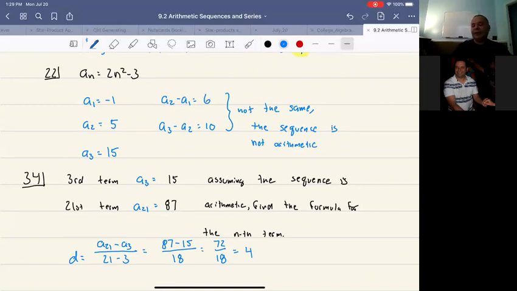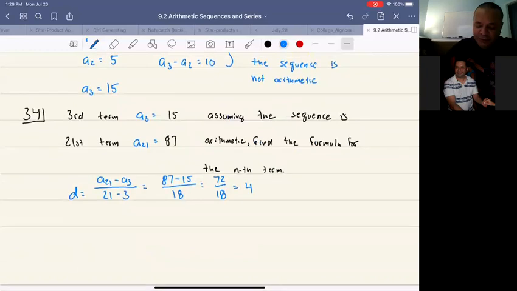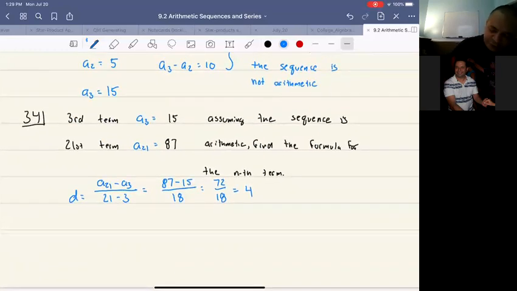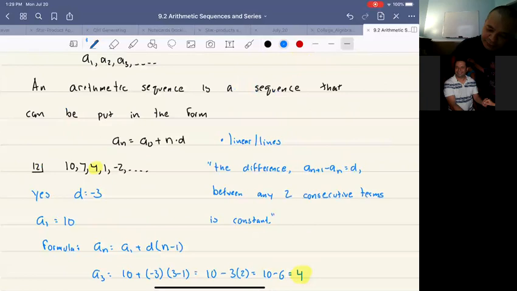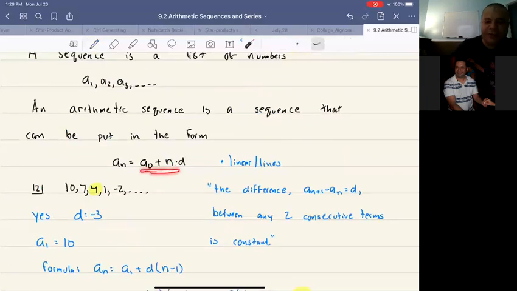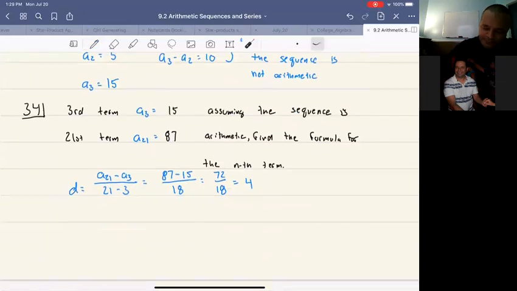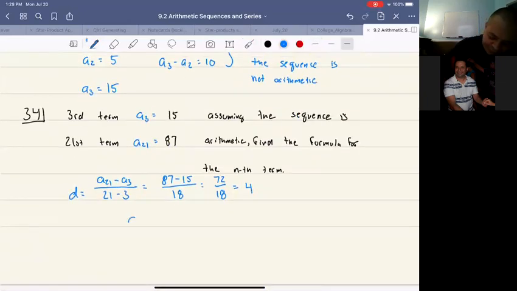Now we need a sub 1, we need to know what to start with. I'm going to start with a little bit of a trick. I'm going to start with the form I have up here: a sub n equals a sub 0 plus n times d. Just like when you're talking about lines, it doesn't matter which point you take.